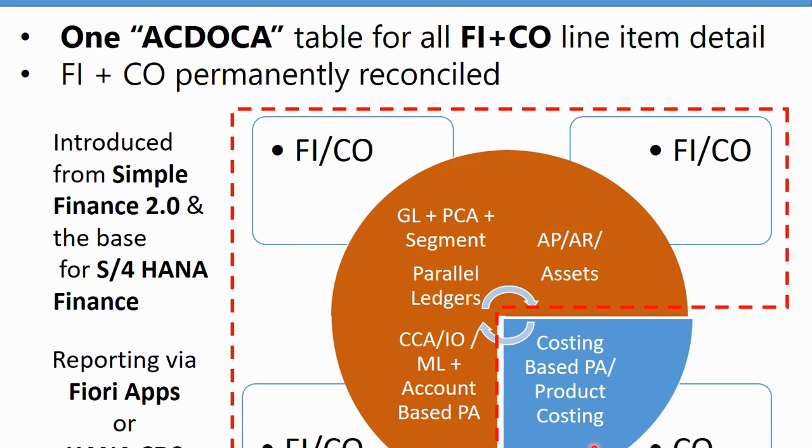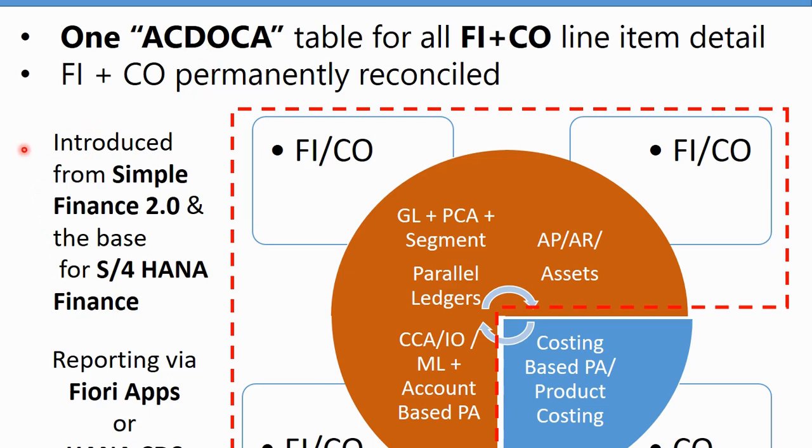So CO does still exist, and there is capability there, like product costing as an example, and costing-based profitability analysis. It's not that those capabilities are gone, but the key scenarios and account-based PA are all now part of this ACDOCA table. So you no longer have to try and reconcile between FI and CO.